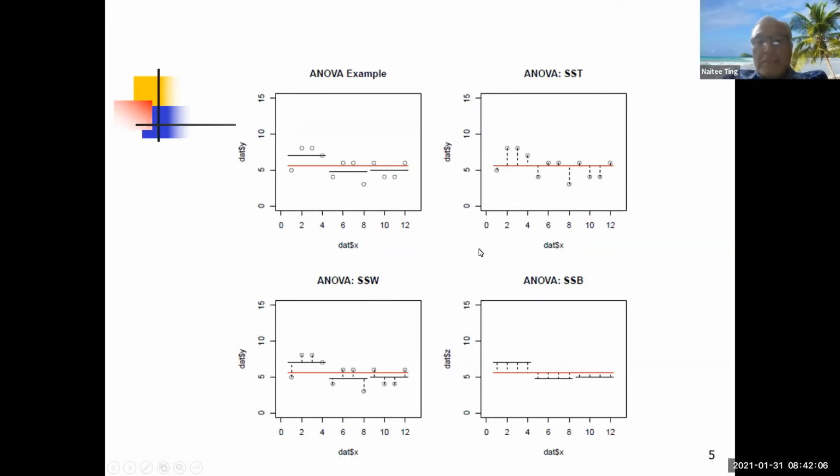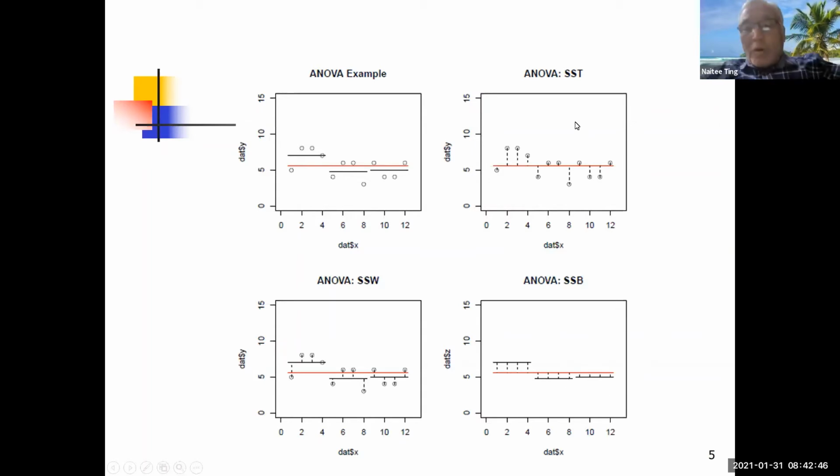Now you look at the sum squared for within. Within is really about the variability, y sub ij minus y sub i bar, within each group. So you have those four observations. You square and add them up, square and add them up, square and add them up. Adding them together, that is your sum square for within. And this is your sum square for between. It's the group mean to the overall mean, group mean to the overall mean, group mean to the overall mean.